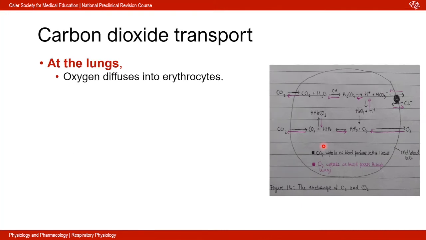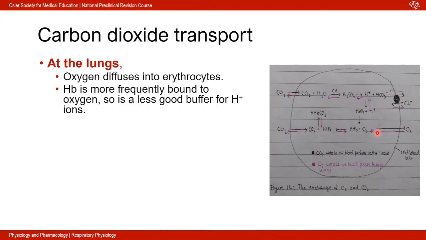So at the lungs, we're looking at this pink box now, these pink arrows, and the oxygen is going to diffuse into the erythrocytes from our inspired air. The hemoglobin is going to be more frequently bound to oxygen. So it's going to be a less good buffer for this H+.